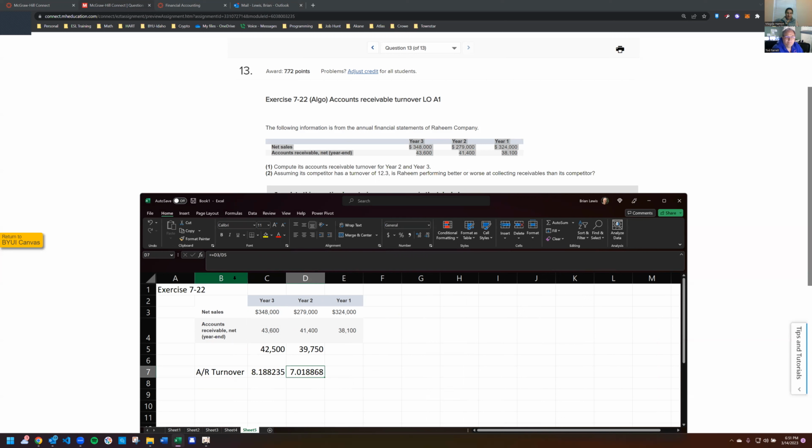Assuming this competitor has a turnover of 12.3, is Rahim performing better or worse at collecting receivables than its competitor? Better. Its turnover is better? I thought better was a lower rate. Turnover is how many times your AR is being turned over in a given period.